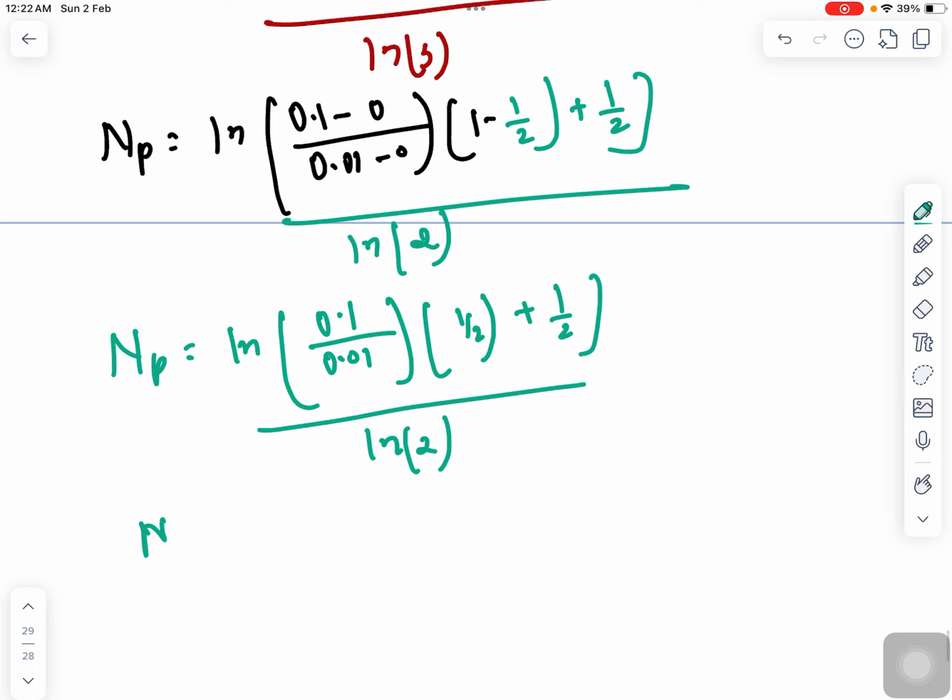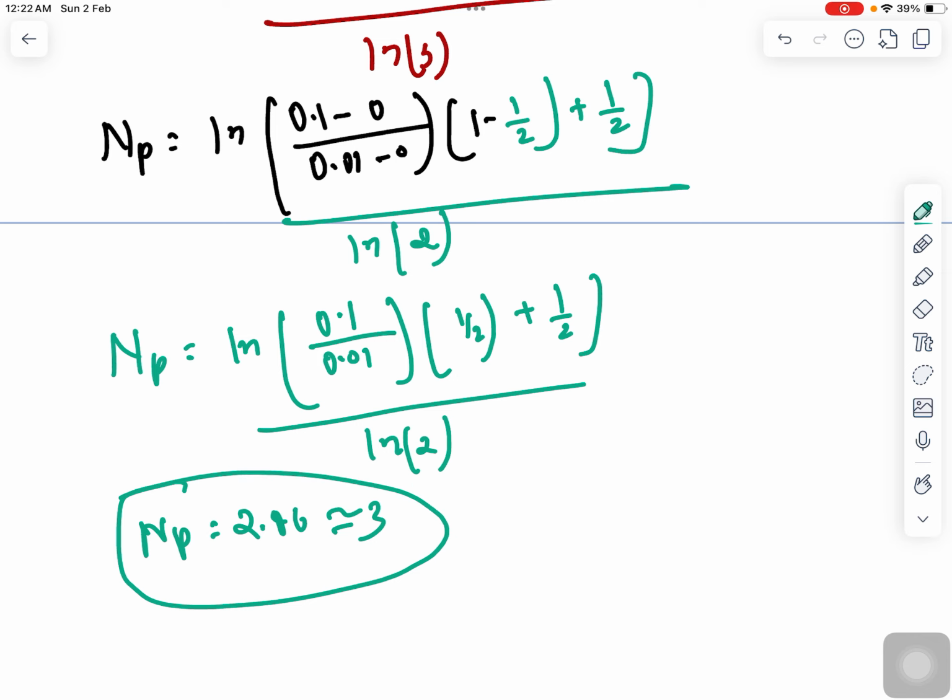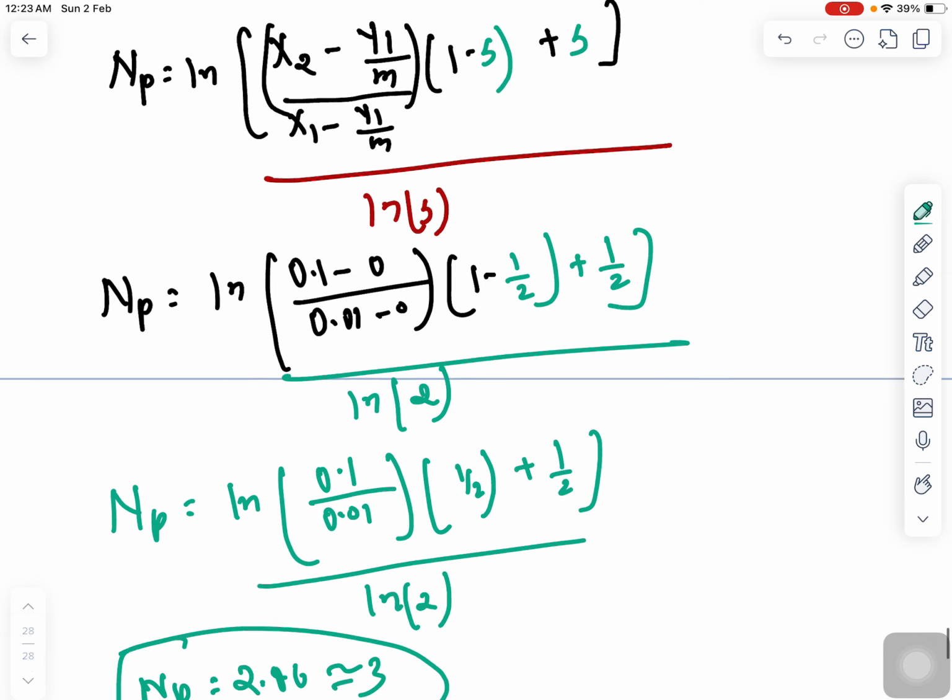So if you calculate these things, Np equals ln of 0.1 divided by 0.01 into 1 by 2 plus 1 by 2, divided by ln 2. Once you do the calculation, Np comes to 2.46, which is approximately 3. So 3 stages will be required to do this kind of stripping for transferring solute from the liquid phase to the gaseous phase.